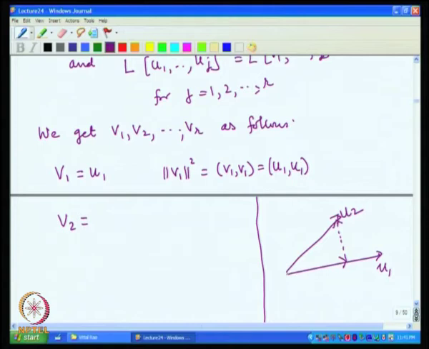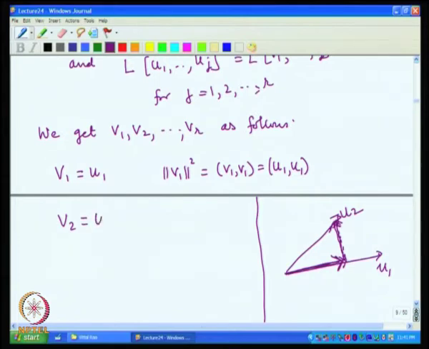So, u2 is made up of this vector and this vector, and since we already have the u1 direction under control with our V1, we have to only worry about producing this orthogonal direction of u2. For that, from u2 we must subtract this projection, and that is obtained as follows.